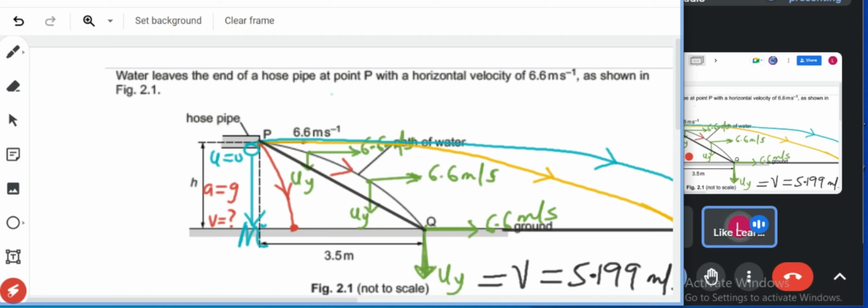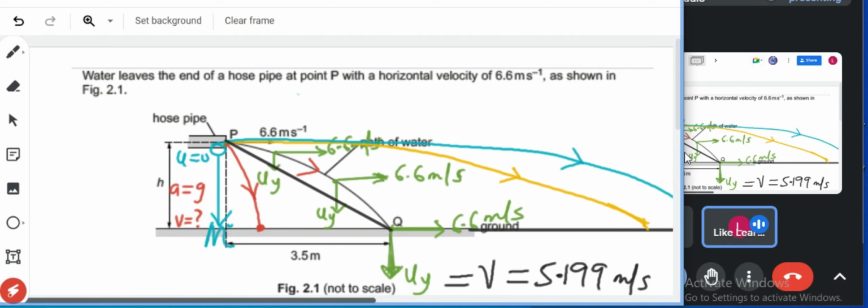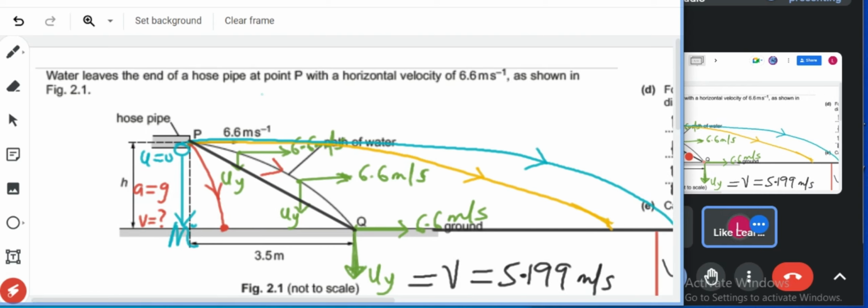If they need to drop something at a target, imagine a bomb is supposed to be dropped at Q. The fighter jet carrying the bomb must travel at a predetermined speed so that when he releases the bomb, it can follow the trajectory and get to that exact target.